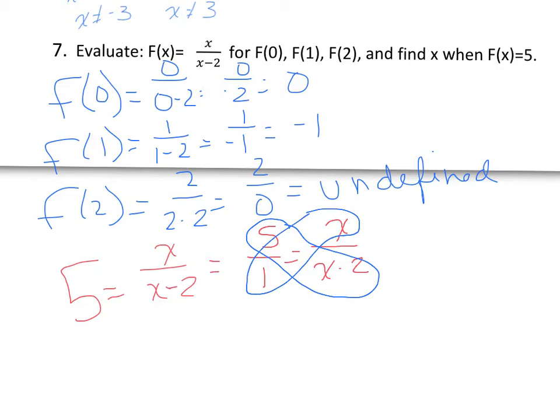So if we do that, then we have 5 times x minus 2 equals x, and we just simplify. 5x minus 10 equals x.